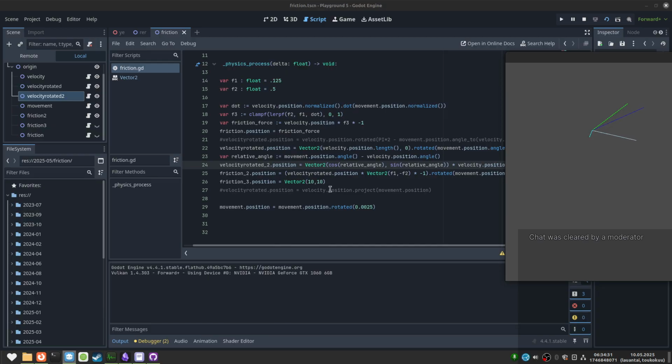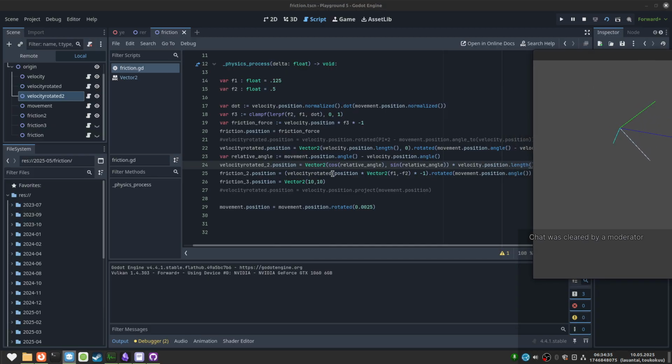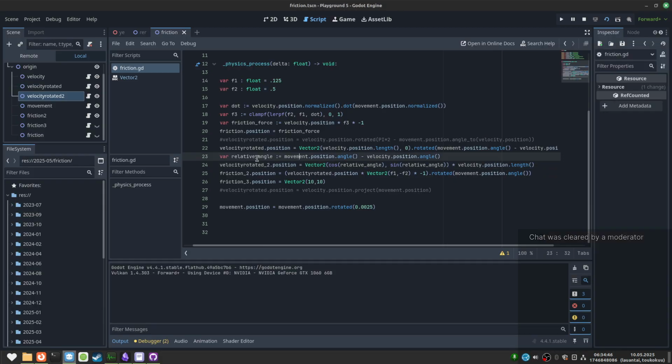Relative velocity. But now I'm thinking, is there a way to kind of skip a lot of this? Because we're getting the relative angle, and we're constructing a vector based on that angle.